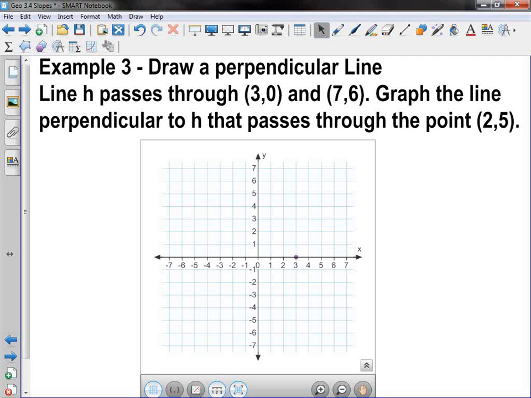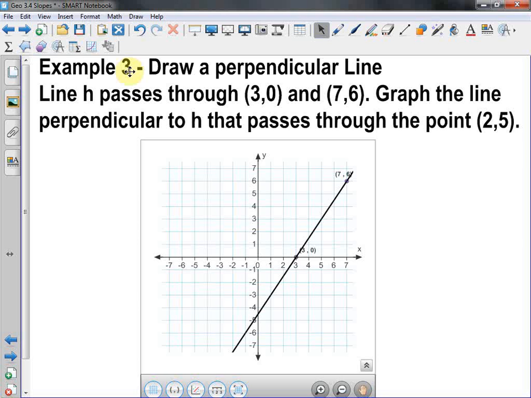There we go, (3, 0) and (7, 6), right? Once we have 2 dots, we can just draw a line through them. If you see me try to draw a straight line, I better start cheating. Okay?